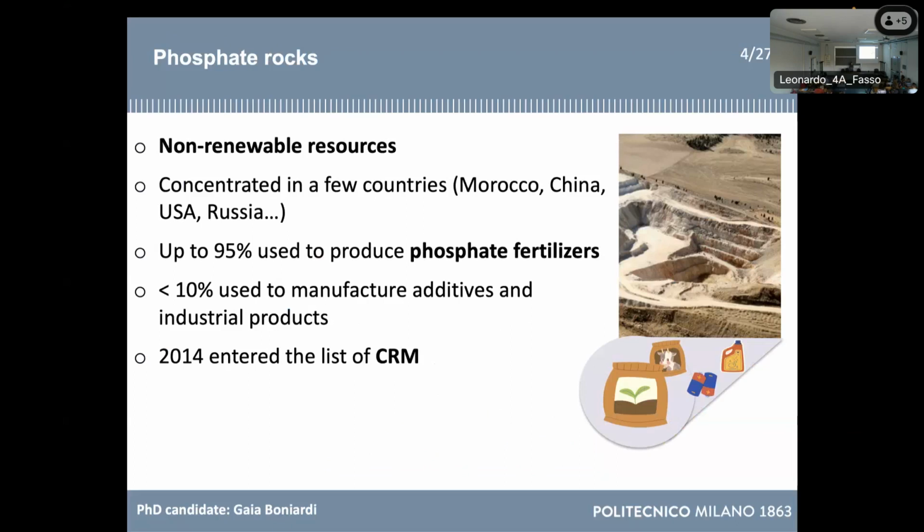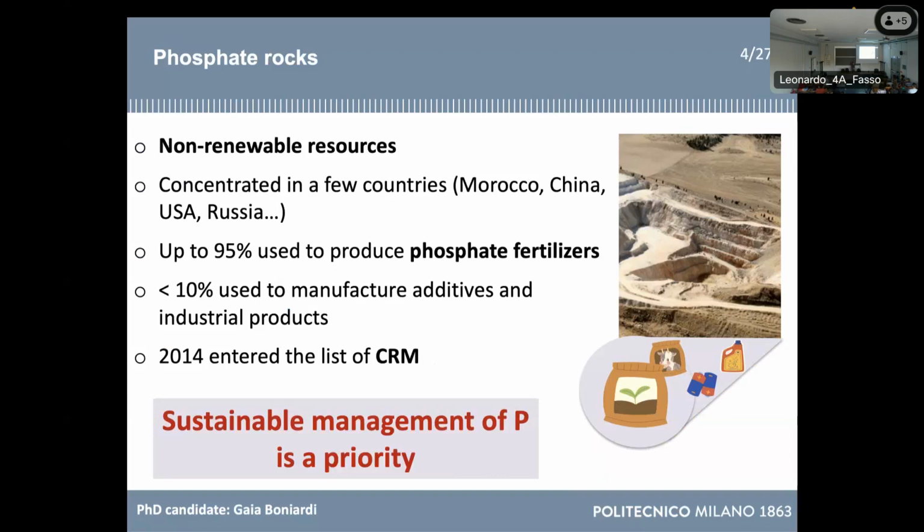Due to the rapid urbanization, the growth of population, and the spread of intensive agriculture, phosphate rocks are facing gradual scarcity. So they entered, in 2014, almost 10 years ago, the list of the critical raw materials. As a result, the sustainable management of phosphorus becomes a priority.